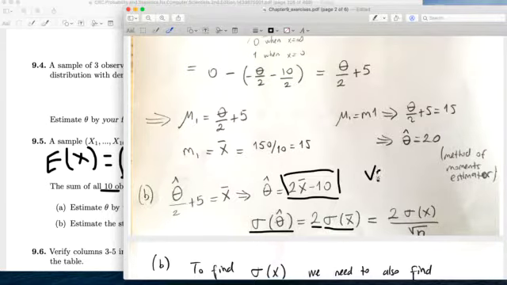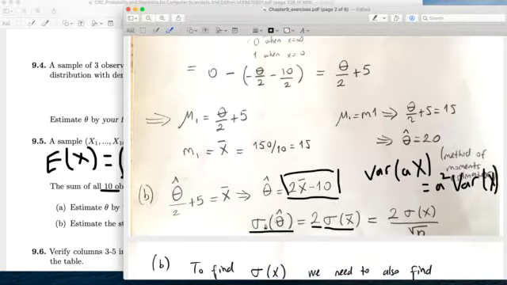So variance of a times x, some constant times x, is equal to a squared times the variance of x. So this is 2x, so the variance of theta hat will be 4 times the variance of x bar.